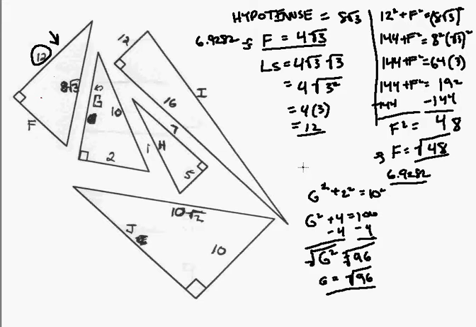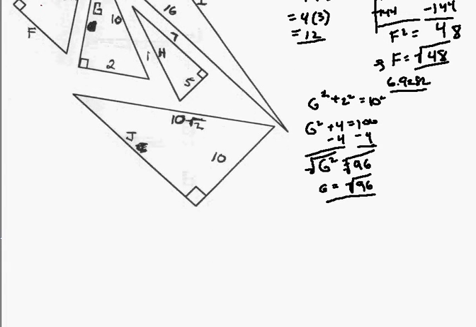H, 5, 7, H, doesn't look like that. 30, 60, 90 doesn't look 3, 4, 5-ish. It could very well be just another Pythagorean theorem. So let's see, for H then, the two legs are 7 and 5.